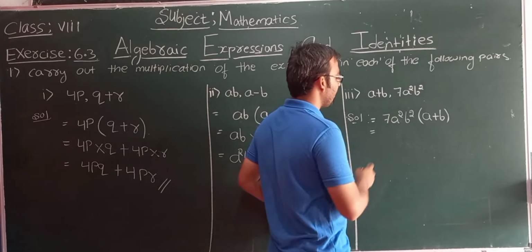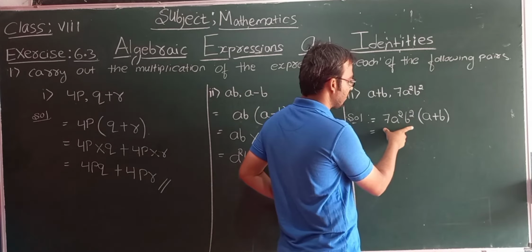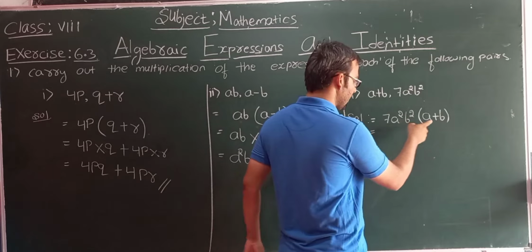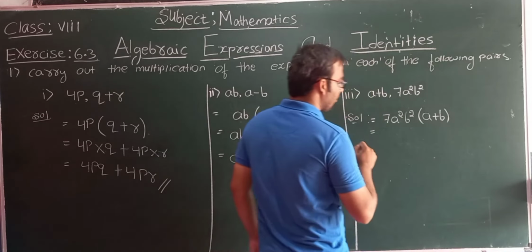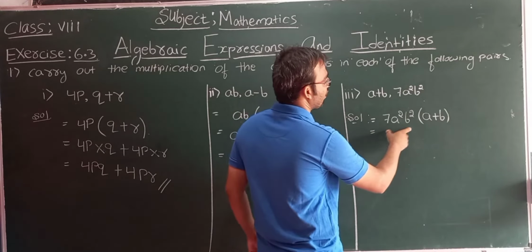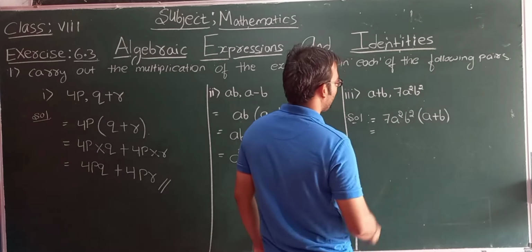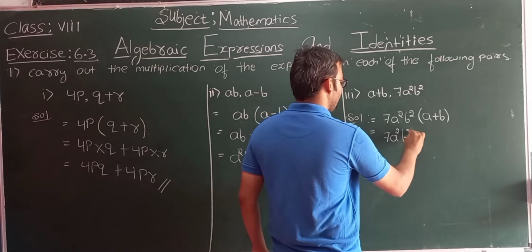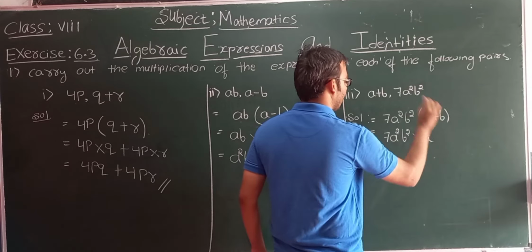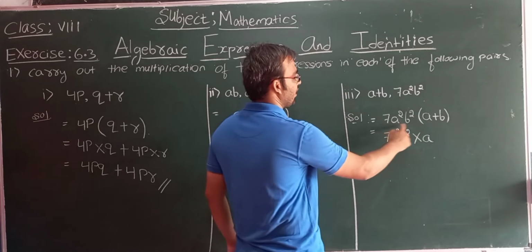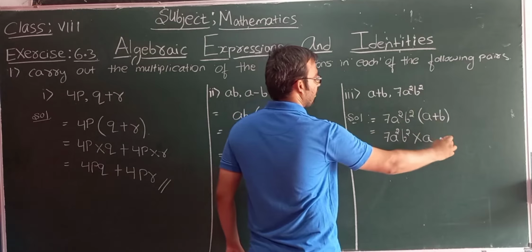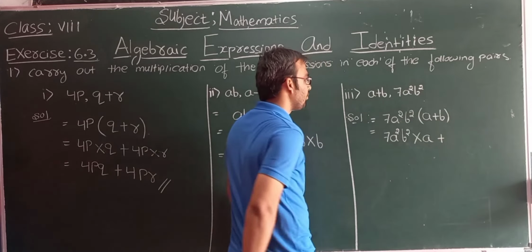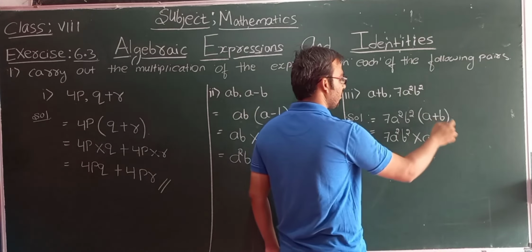Now here first we need to multiply this 7a square b square with a. Next we need to multiply this 7a square b square with b. So 7a square b square with a. Next here plus is there, so write plus. Next 7a square b square with b.